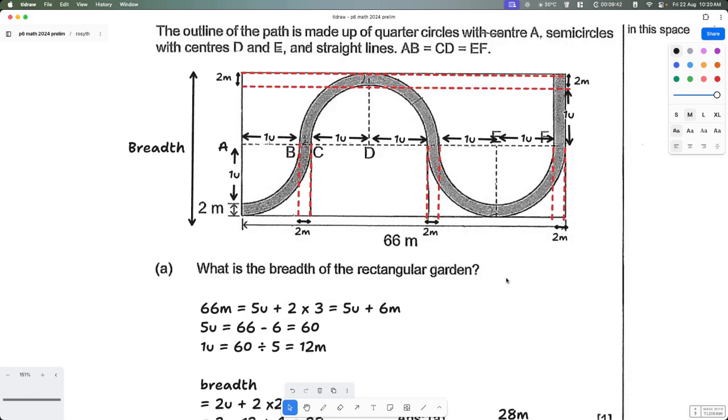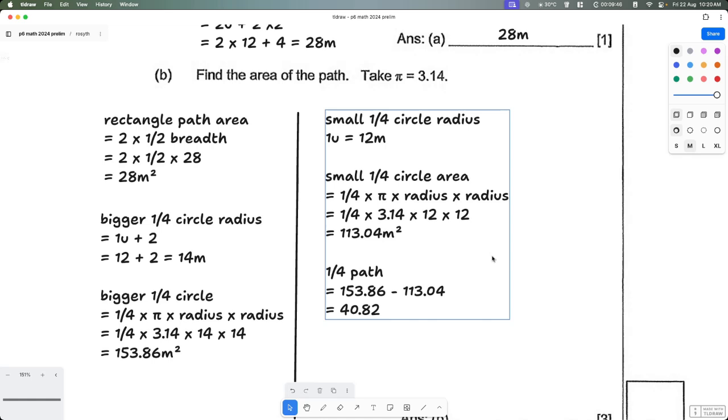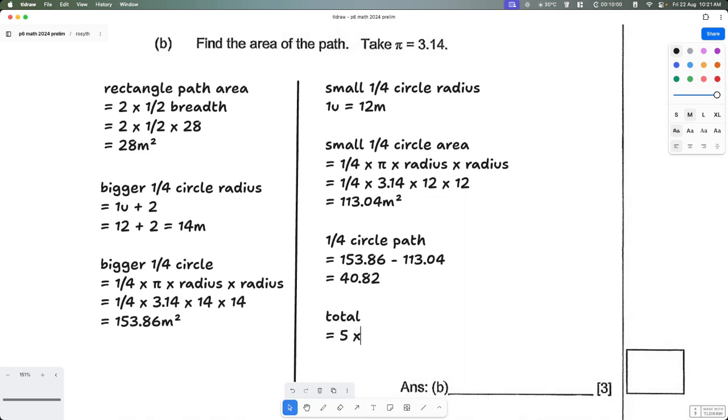So how many paths do we have? We have 1, 2, 3, 4, 5. So we have 5 paths. So the total is equal to 5 times the 1/4 circle path plus the rectangle path area.